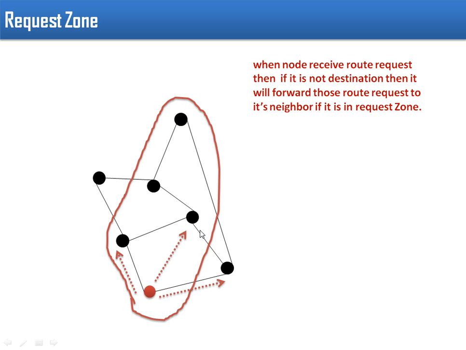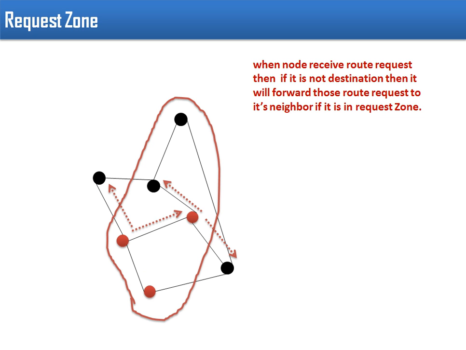It means it will send a route request packet to all of its neighbors. If you can see, these two neighbors lie in this area, and this neighbor is outside the area. If a node is outside, that node will not broadcast route request packets. Only these two nodes are retransmitting, broadcasting the route request, but these other two nodes are not broadcasting any packet.